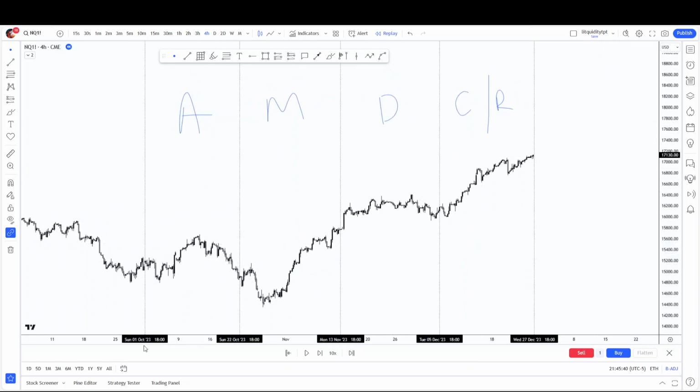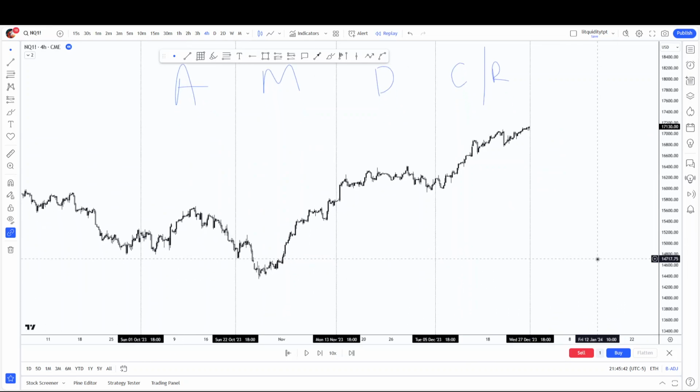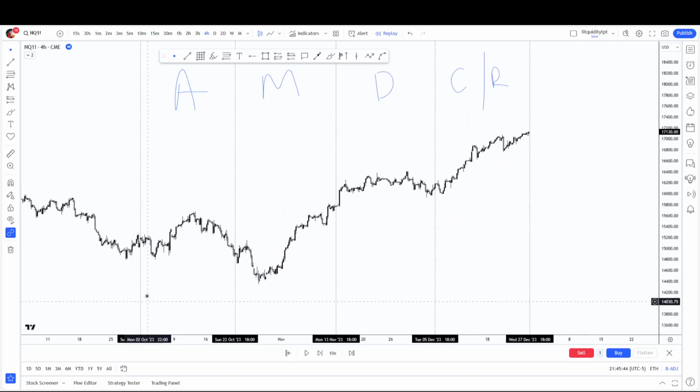What I've marked up here is the NASDAQ chart, from October to almost January. So this is 3 months' worth of data. I want you guys to think about it from a logical, mathematical perspective. How many months are there in 1 year? The answer is 12.